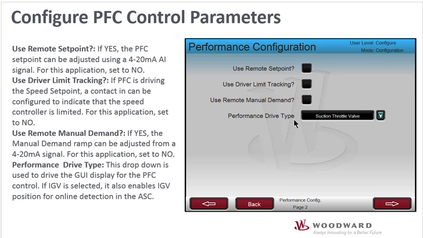The performance drive type is mainly used for display, so if I select the suction throttle valve on the graphics and the runtime screen, we can put in a suction throttle valve there, or discharge side, or if it's to the prime mover, then we show that in the graphics as well. Now, IGV, if that is selected, it also drives some graphics, but it also enables online detection in the anti-surge control.